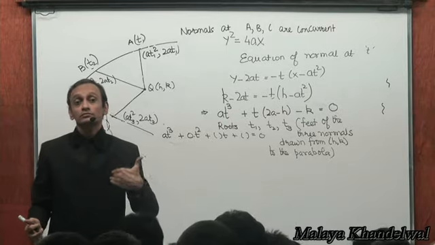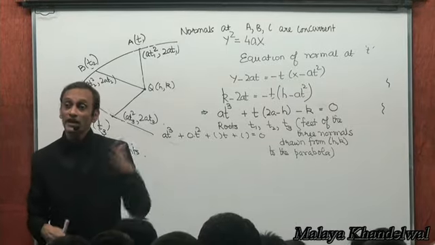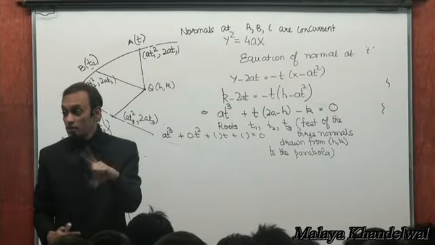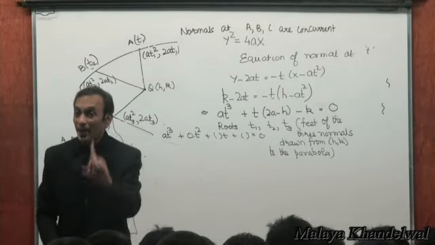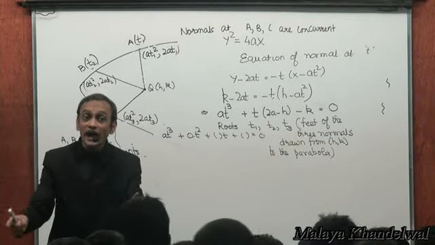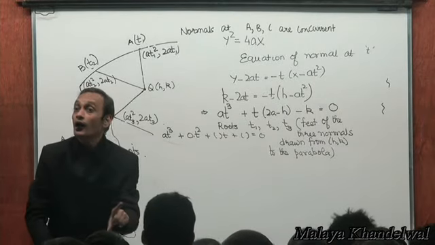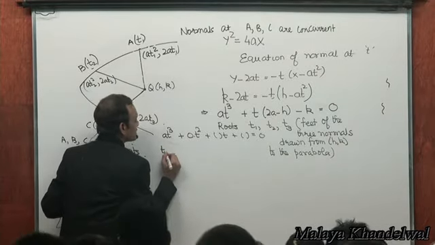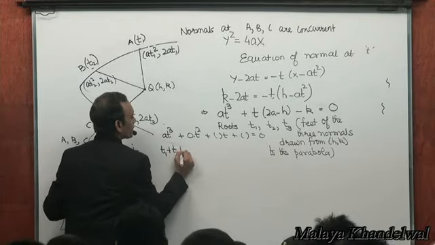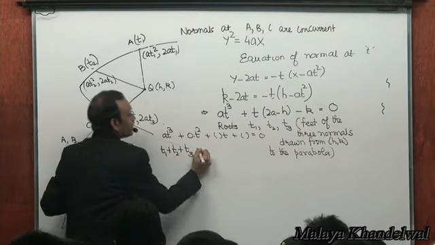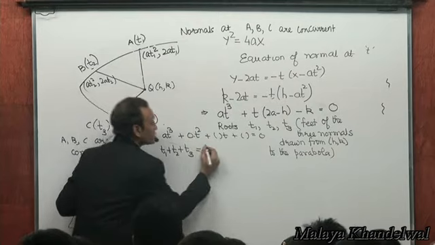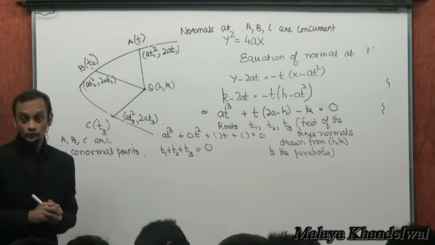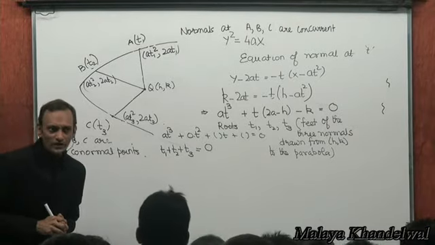Now from the last part of the discussion that we had in the previous class, the sum of the roots of a polynomial would be minus the coefficient of the second highest power divided by the coefficient of the highest power, right? So t1 plus t2 plus t3 would be minus 0 by a. So that's going to be 0. Yes or no? That's one property of three conormal points.